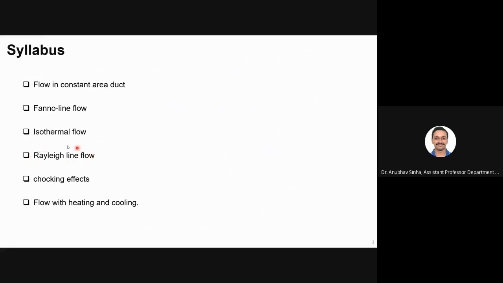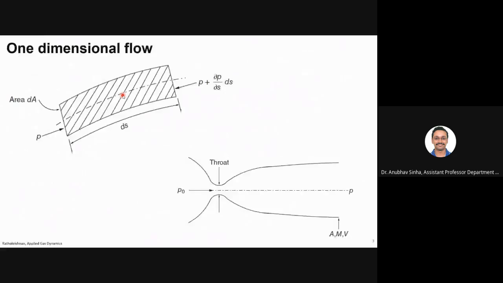Now, one-dimensional flow. So far we are studying this type of configuration. We are looking into streamlines, and we have also talked about the converging-diverging nozzle.